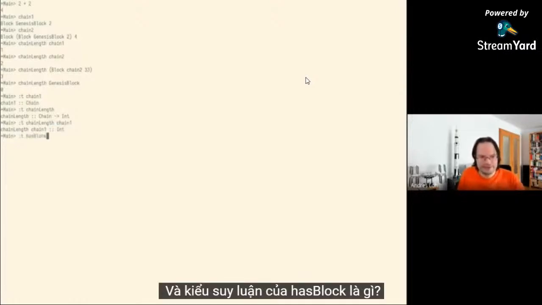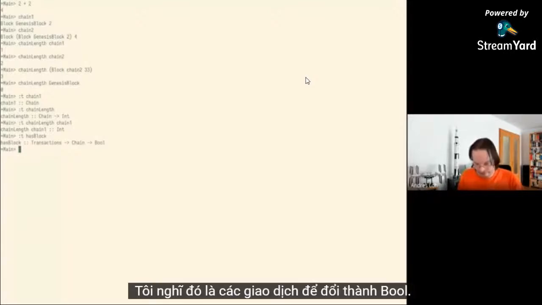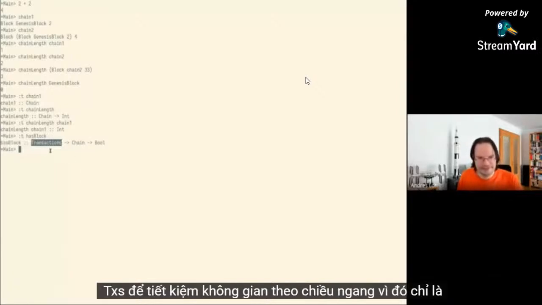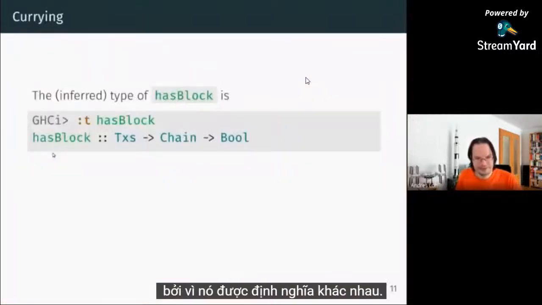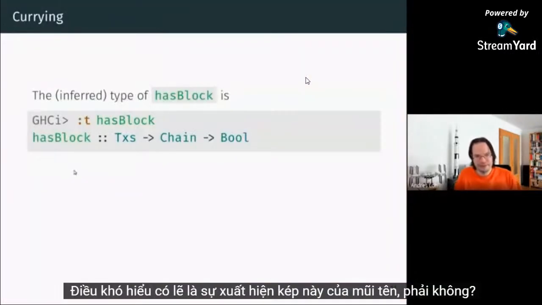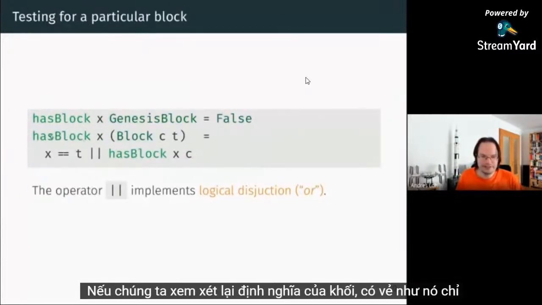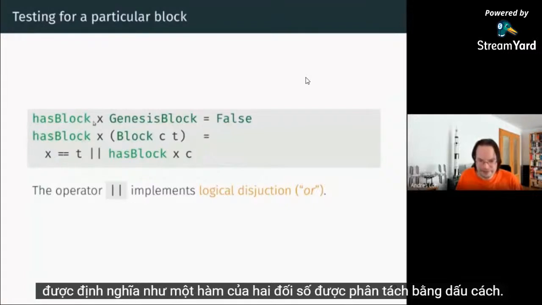And what is the inferred type of Has block? That's transactions to chain to Bool. I think this is a deviation from the slides, unfortunately. Here it's called transactions. On the slides it's TXS to save horizontal space, but that is just because it's defined differently. The perhaps confusing thing is this double occurrence of the arrow, right? If we look at the definition of Has block again, it looks like it's just defined as a function of two arguments. They're both separated by space.